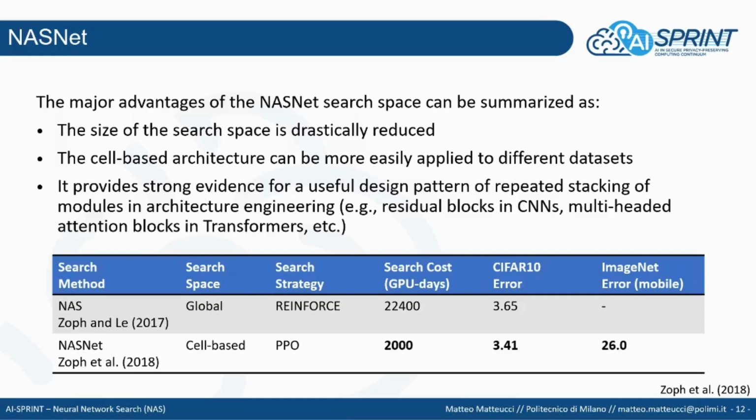The idea of the original NAS paper by Zoph and Le was to use a global network with reinforcement learning and a total cost of 22,000 GPU days. By introducing the idea of a cell-based approach, we can shrink down this cost to 2,000 GPU days with the same error, if not lower.